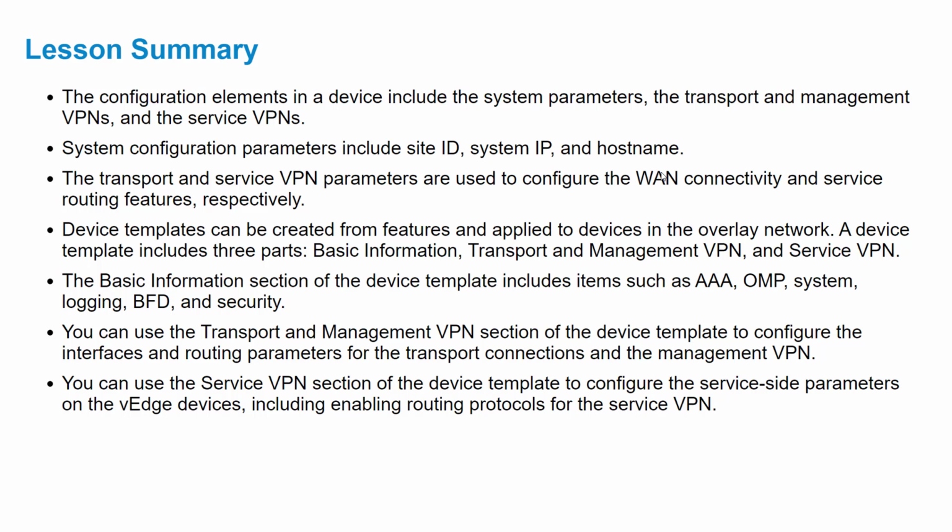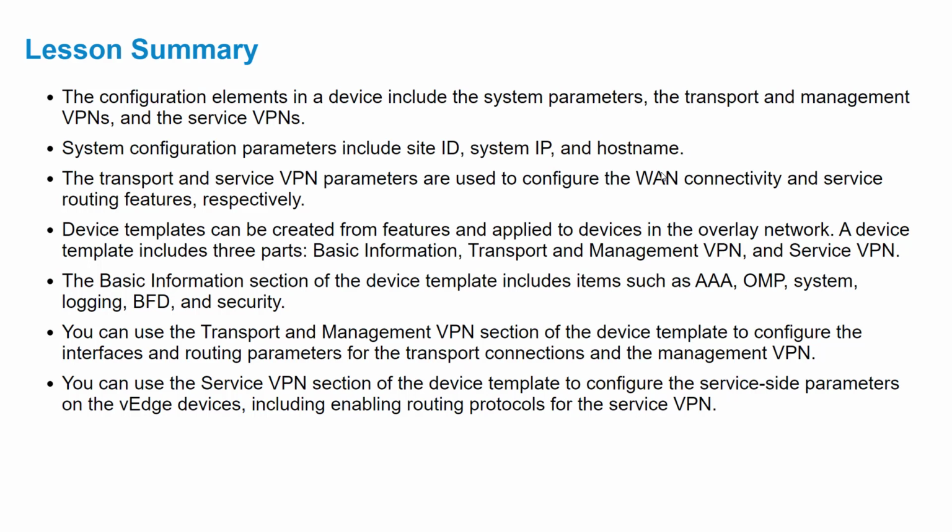We talked about different device templates and how we can create the features and then apply those features to devices in our overlay network, which is 4 different elements, right? The basic information, the transport and management VPN information, which is VPN 0 and 512, and the service VPNs, which are the other ones outside of that, right?